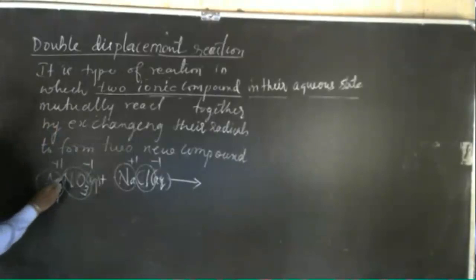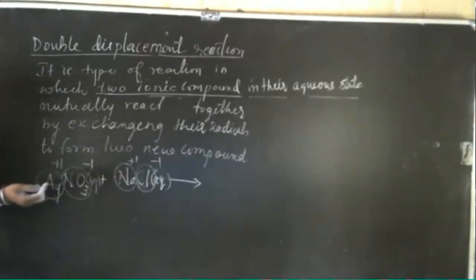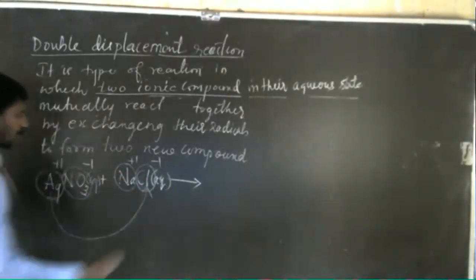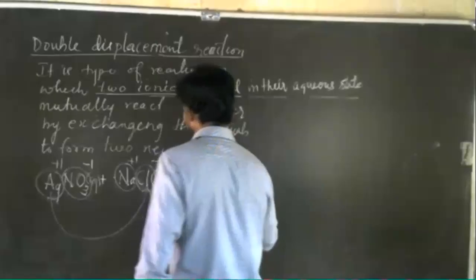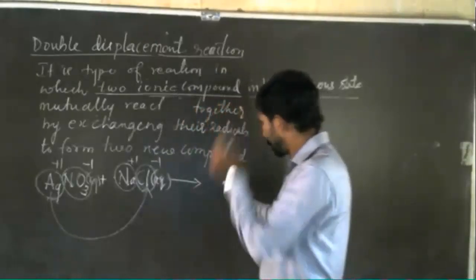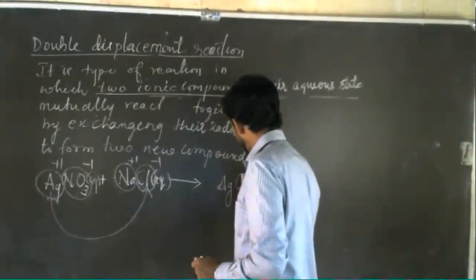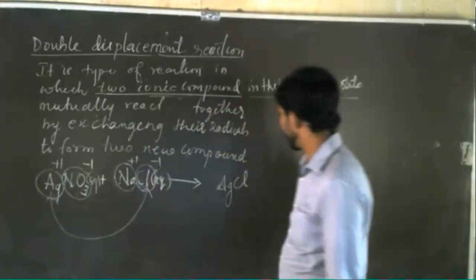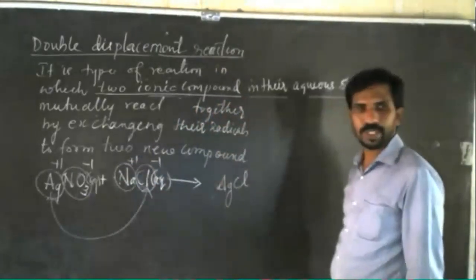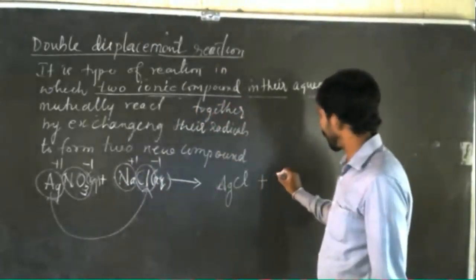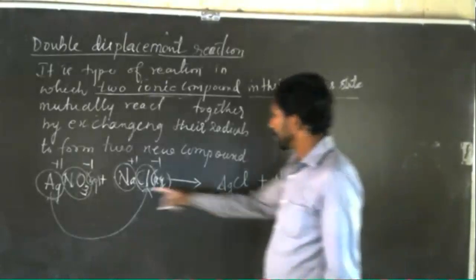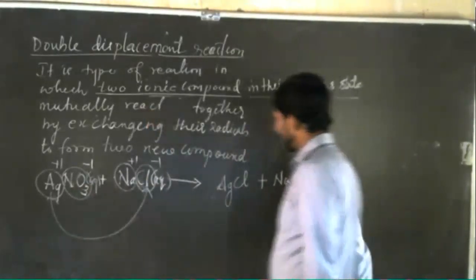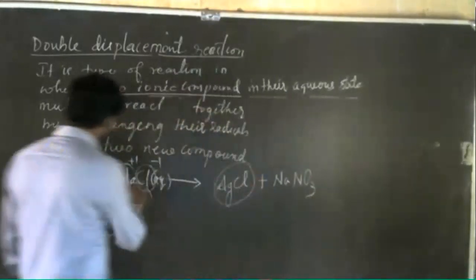A simple trick: cation does not bond with cation; cation will react with anion to form AgCl. Why AgCl? Because +1 and -1 both get cancelled. What is remaining? Na will react with NO3.